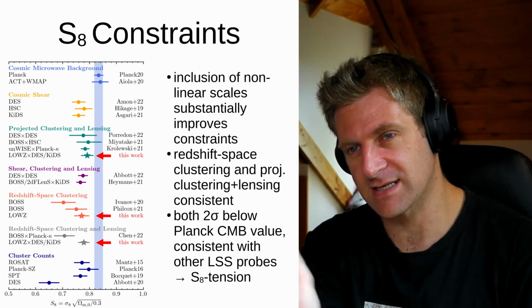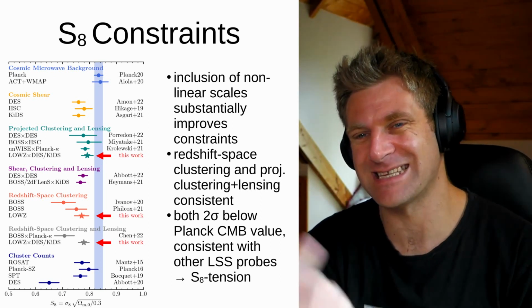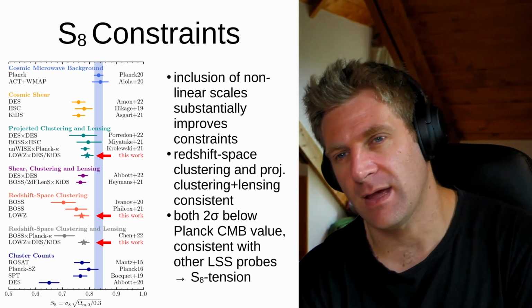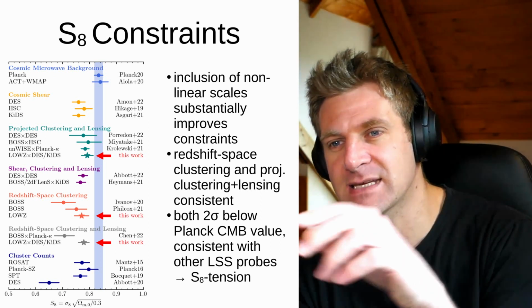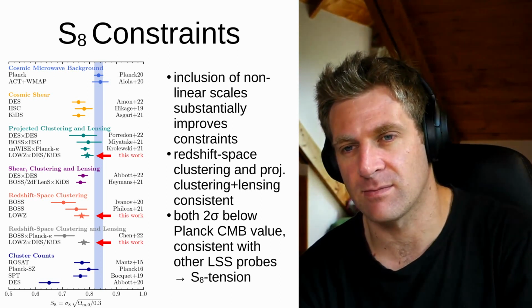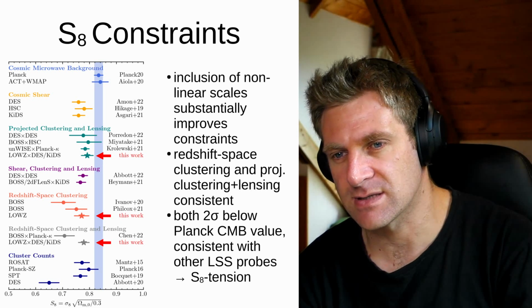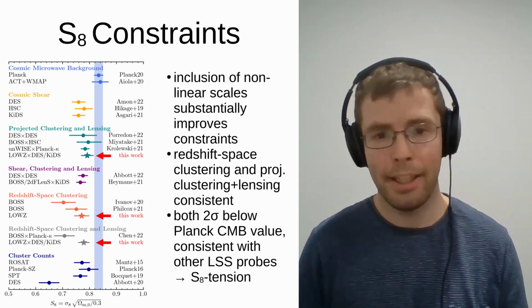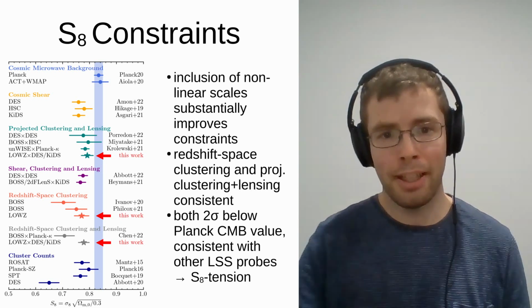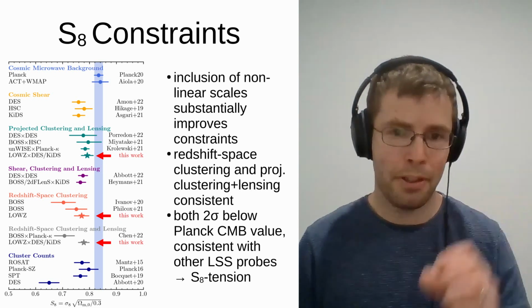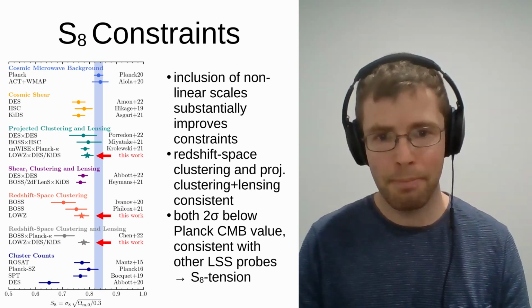Your significance, the degree of anomalousness, has increased relative to the same analysis methods. I guess it's less significant maybe than the cosmic shear, but more significant than other, say, redshift space clustering stuff. Yeah, so something that's very worth highlighting are our S8 constraints that come from redshift space clustering. So you can see there are 3 different constraints coming from redshift space clustering.